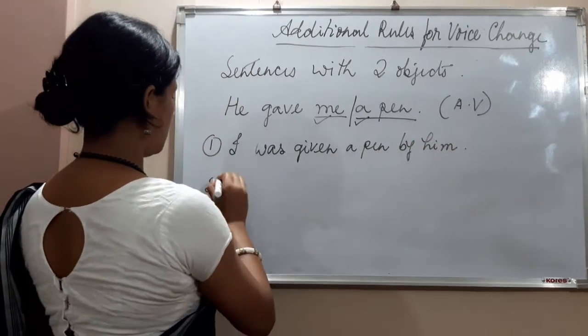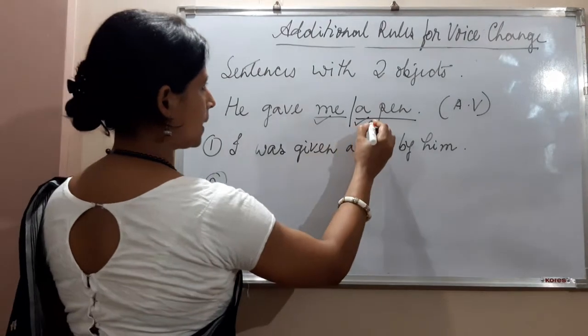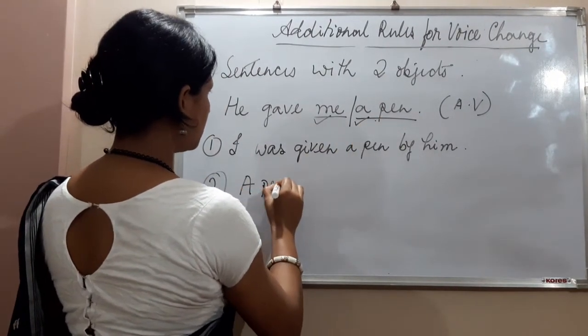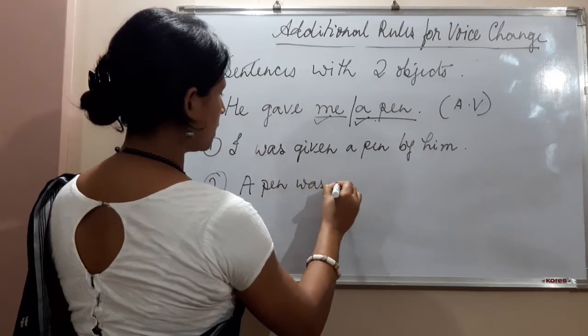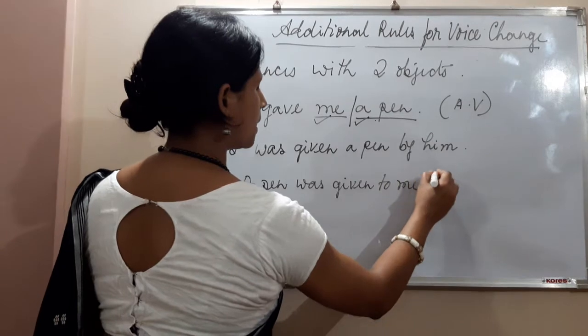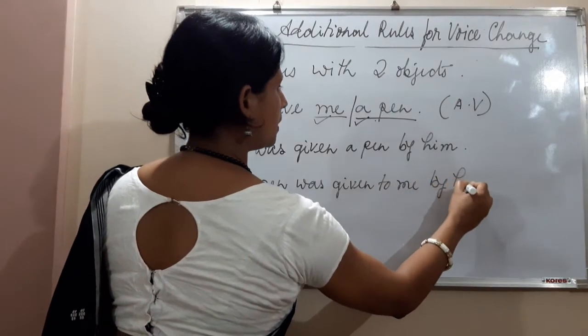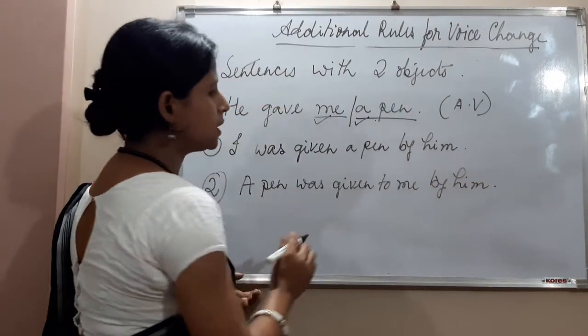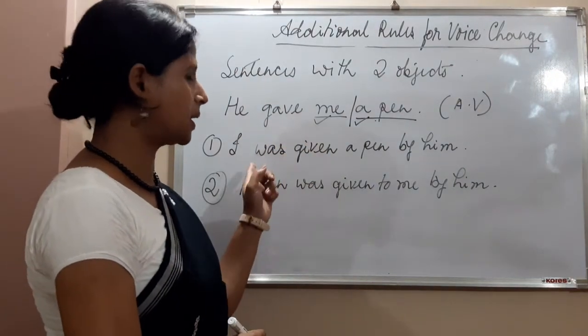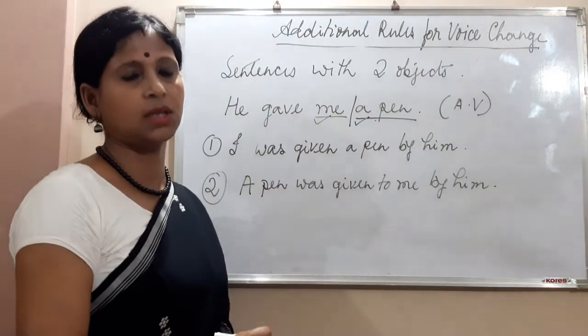Or we can write it also like, if we bring it to the subject slot, a pen was given to me by him. So both these passive sentences are correct because there are two objects. We can write it in two different ways.